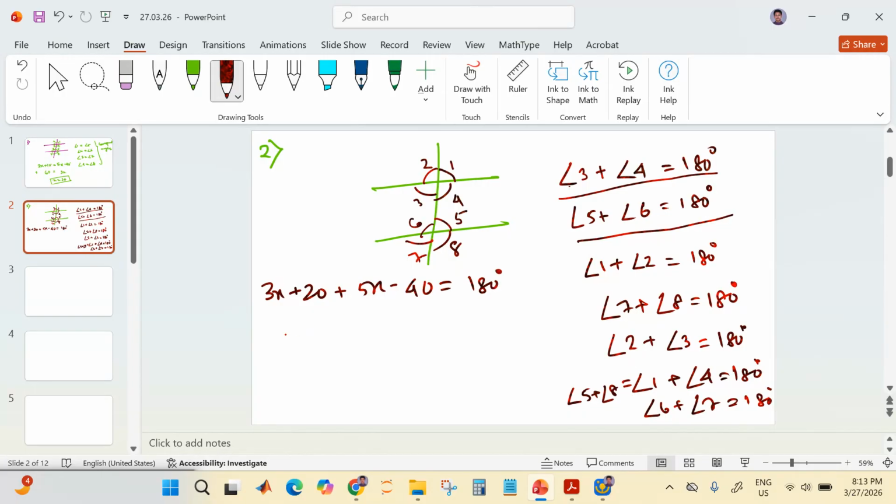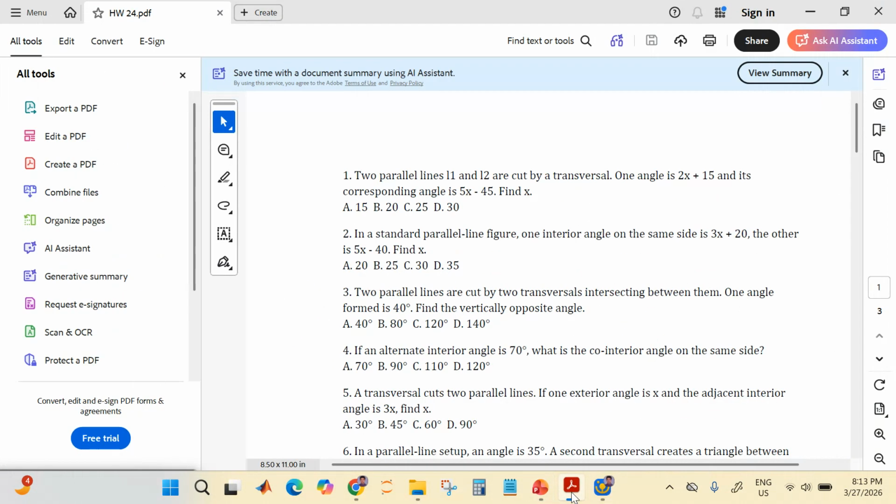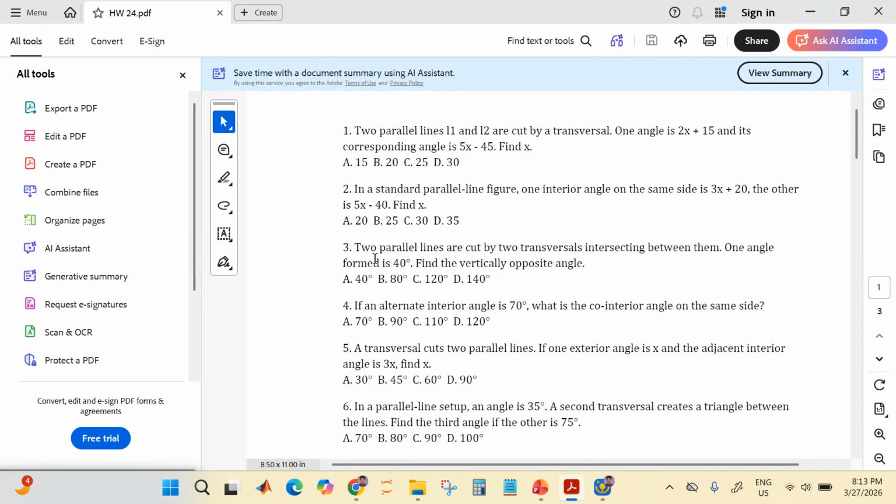Adding, 8x minus 20, and 20 added here gives 200. So x equals 25. No need to use the degree because in the question answer there is no degree. 25, so B will be your correct answer. Question 3: two parallel lines are cut by two transversals intersecting between them.